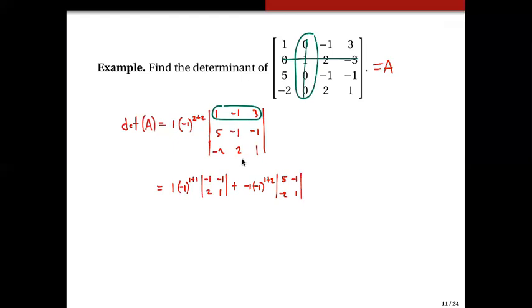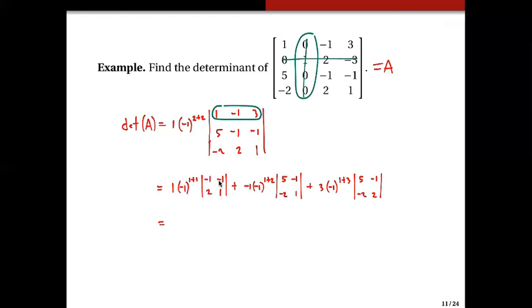And then the last guy here, we have 3. So plus 3 times negative 1 raised to, this is the 1, 3 entry. So 1, 3. Okay. Determinant. We remove this column, we remove this row, we'll just have 5, negative 1, negative 2, 2. So if we calculate this now, we will have, this is 1 times negative 1 raised to 2, so positive 1.